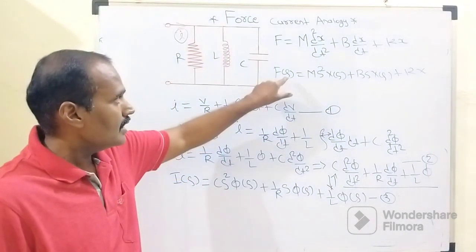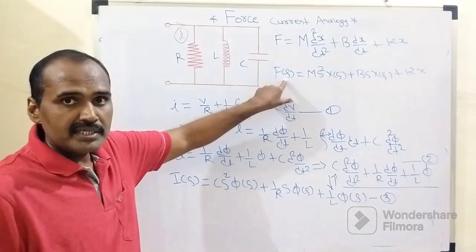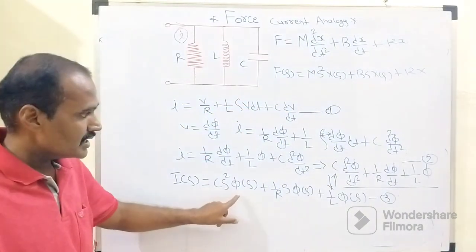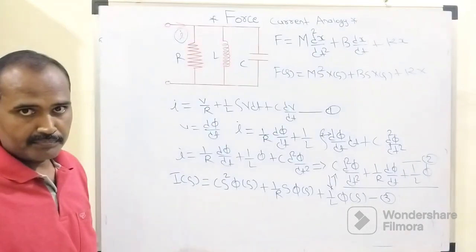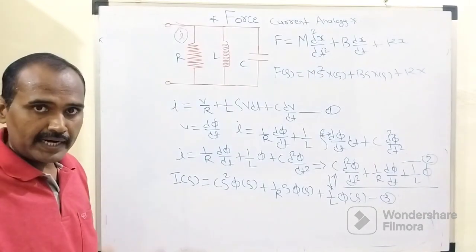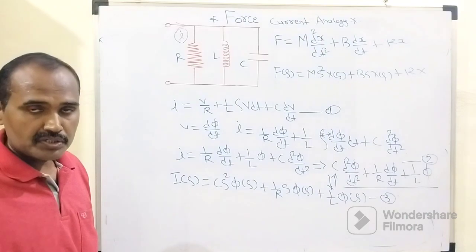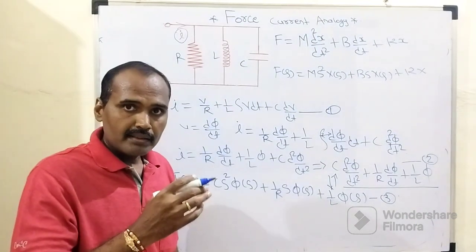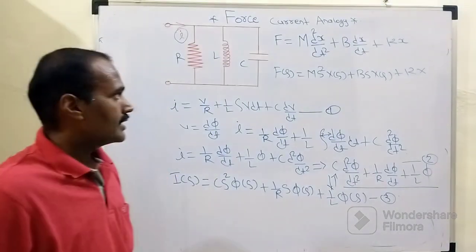By comparing, we will find the different analogous terms belonging to these three mechanical elements: the mass, spring and damper.